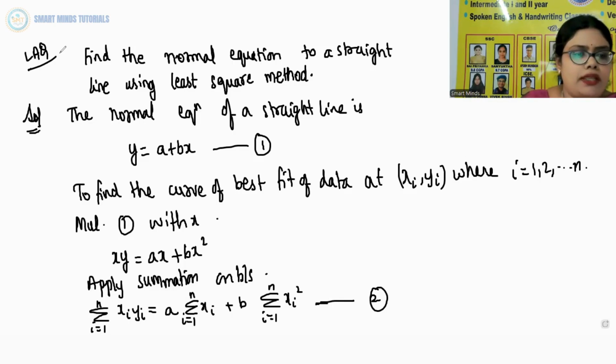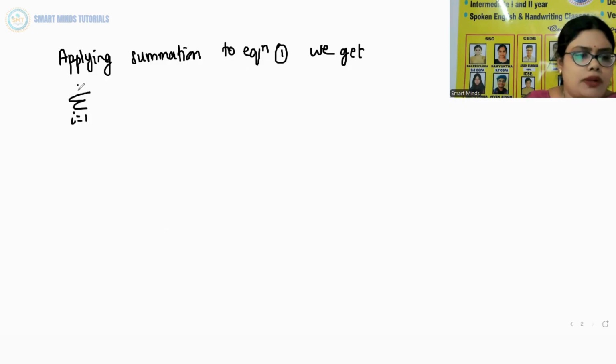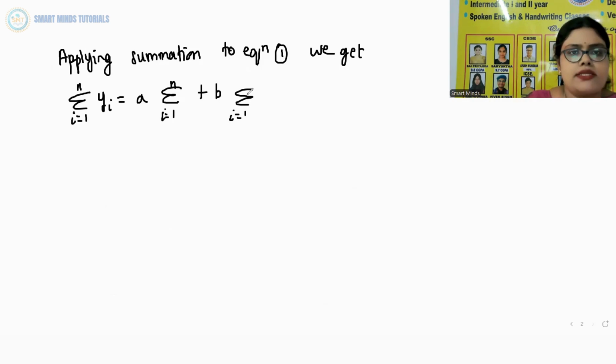Now we will apply summation to the first equation. Applying summation to equation number 1, what do we get? Sigma i = 1 to n yi = a sigma i = 1 to n 1 + b sigma i = 1 to n xi.